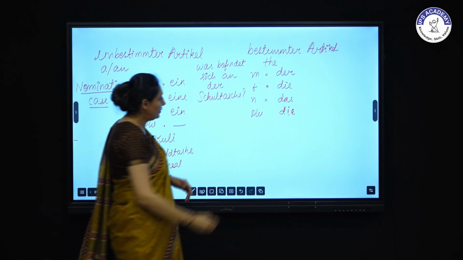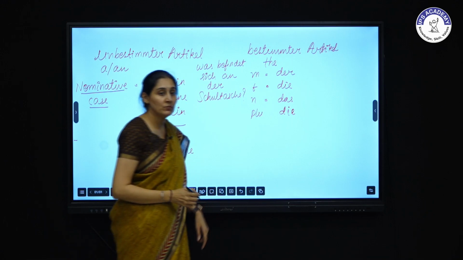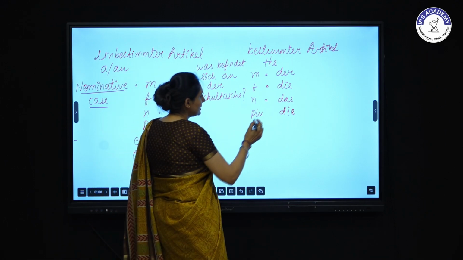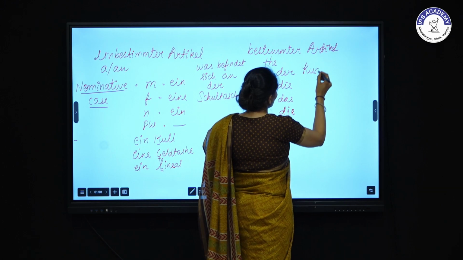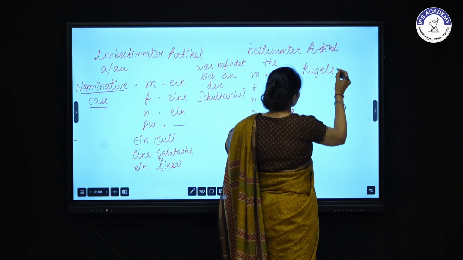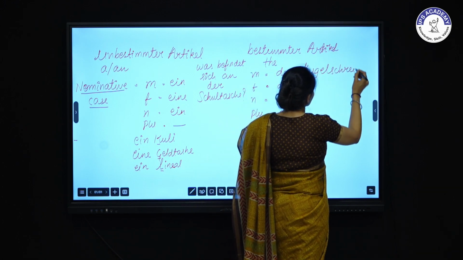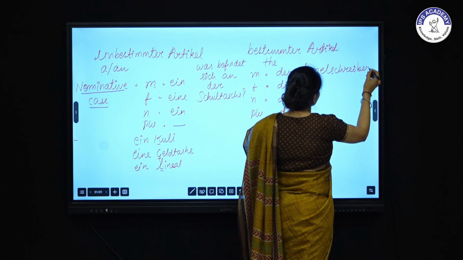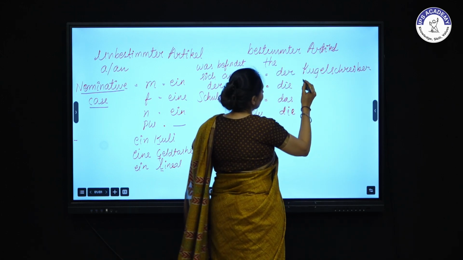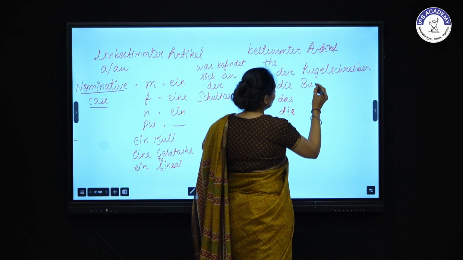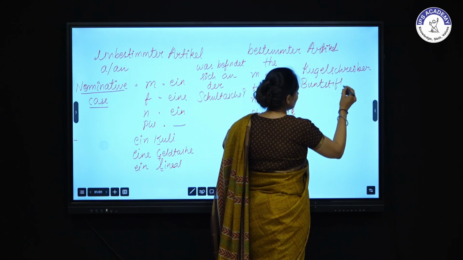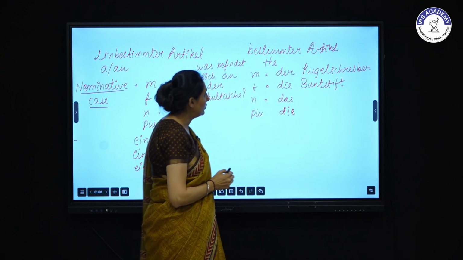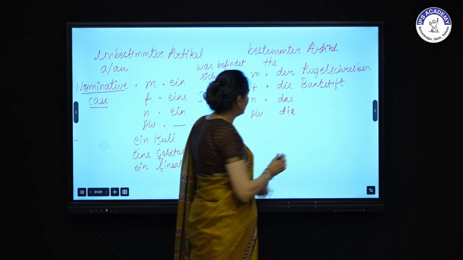Okay. Now we can see the bestimmter article, that is der, die and das. Here we have der Kugelschreiber, for the die we can take it as die bunte Stift, that is a color pen. The first is your pen and then your color pen.